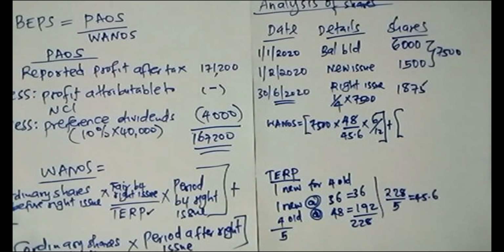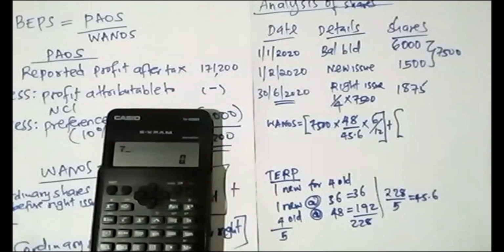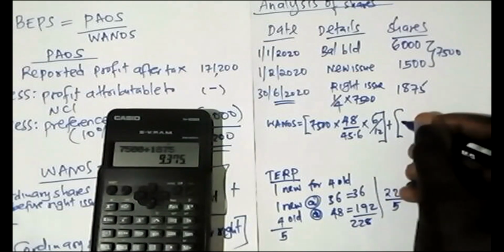Ordinary shares after right issue are the shares which were there before, which is 7,500, plus the shares they issued through the right issue, that is 1,875. So I'm getting 93.75.